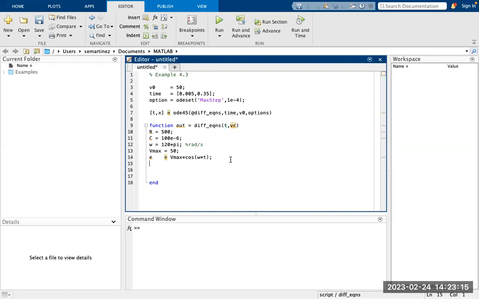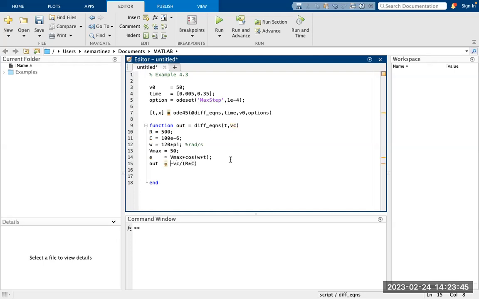And then we have some output, which is going to be, what is going to be our output? It's going to be minus VC over R times C, plus E over RC.